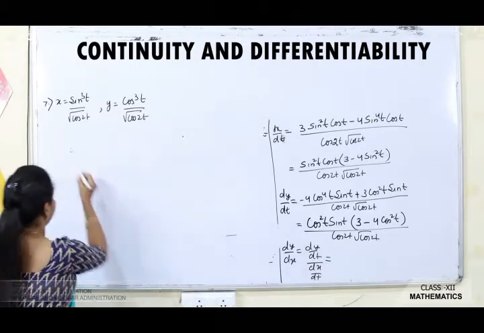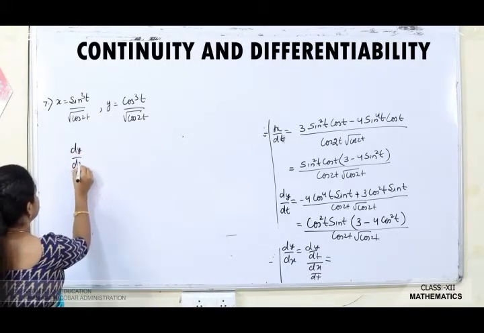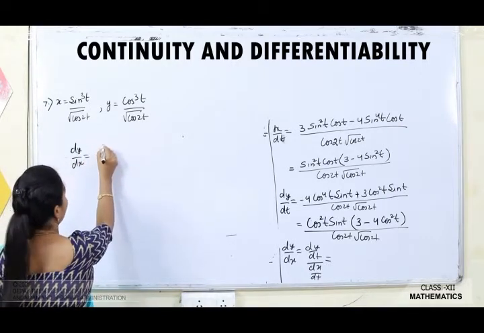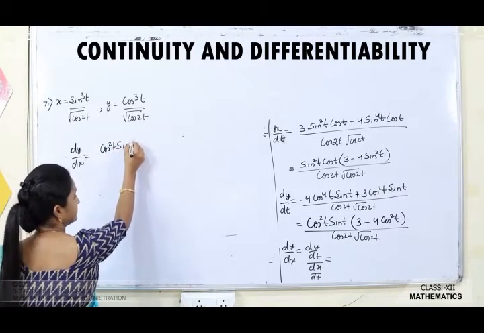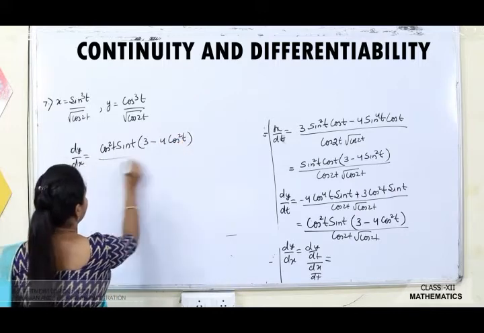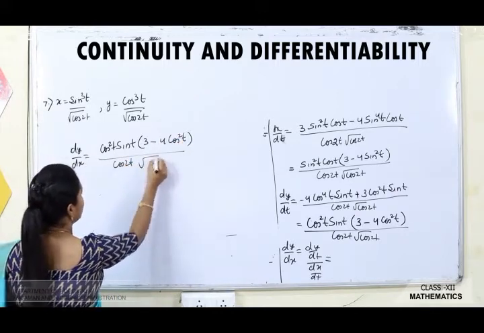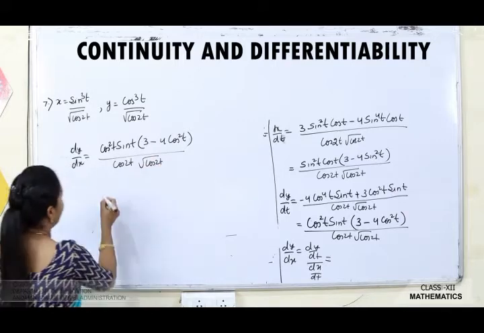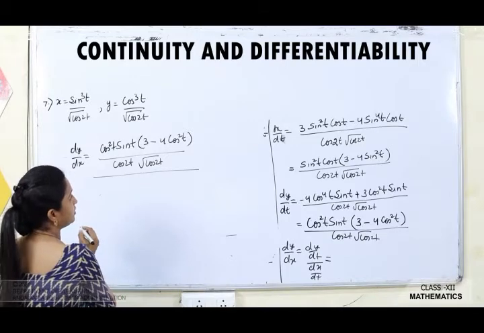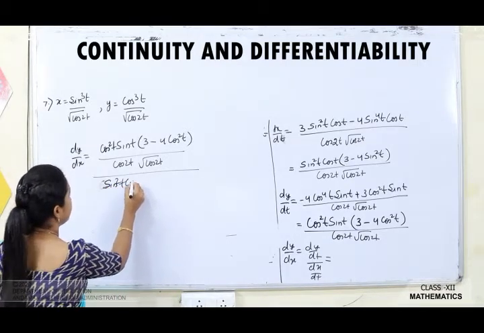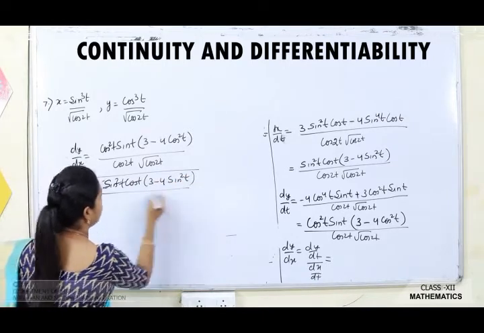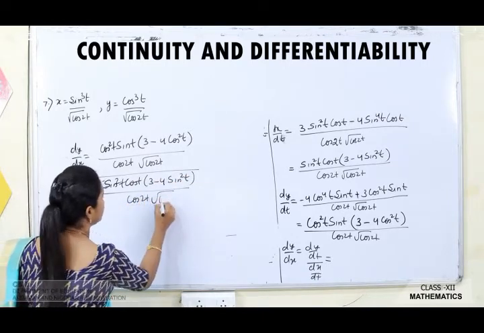Now when you simplify dy by dx, you will substitute the value of dy by dt, that is cos square t sin t into 3 minus 4 cos square t by cos 2t root cos 2t here, and the whole divided by dx by dt is your sin square t cos t into 3 minus 4 sin square t, the whole divided by cos 2t root cos 2t.